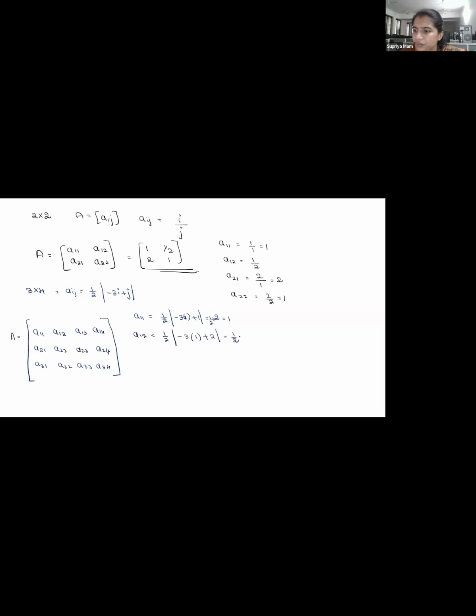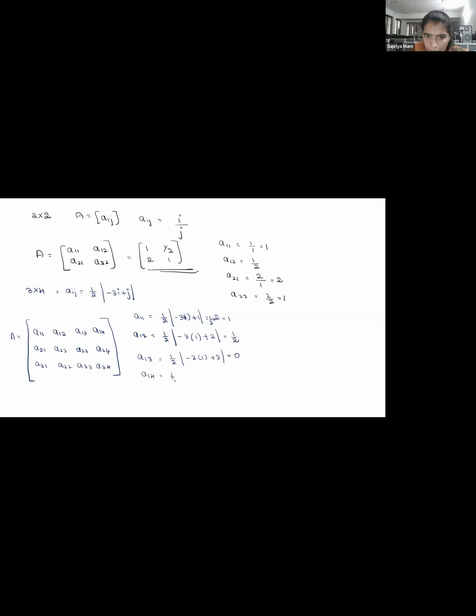Yes, very good. In the same way, do the remaining entries. A13 is 1/2 mod of minus 3 into 1 plus 3, which is minus 3 plus 3, 0. 0/2 is 0 itself.